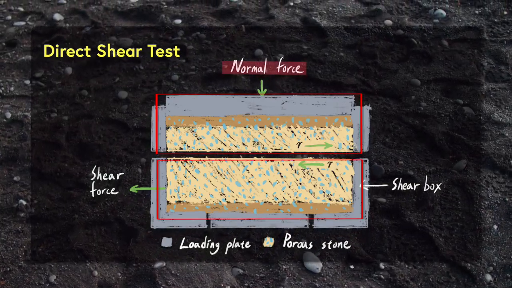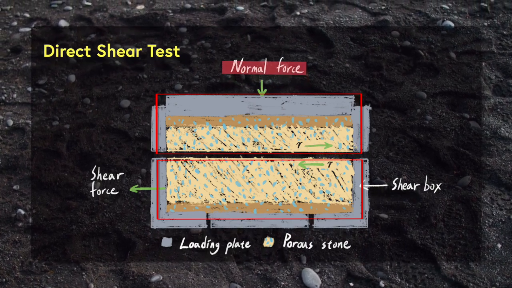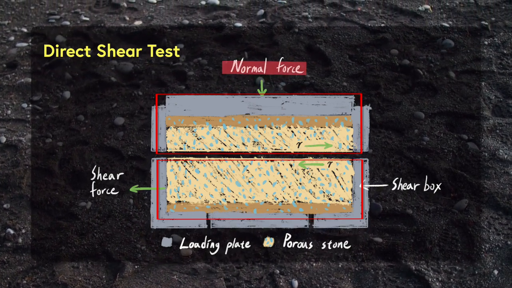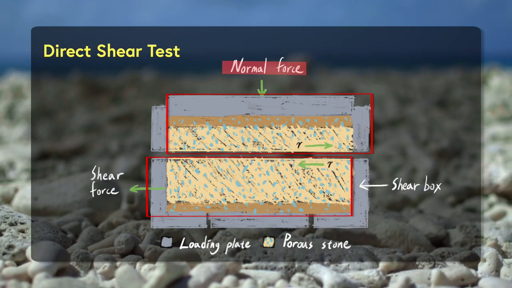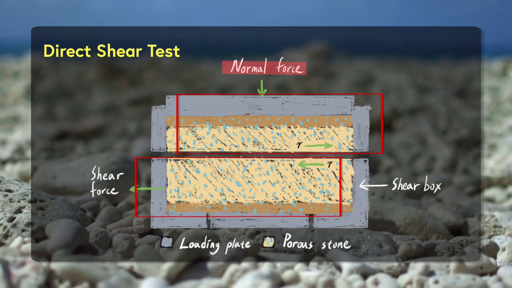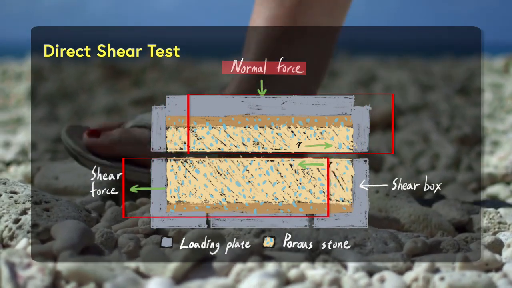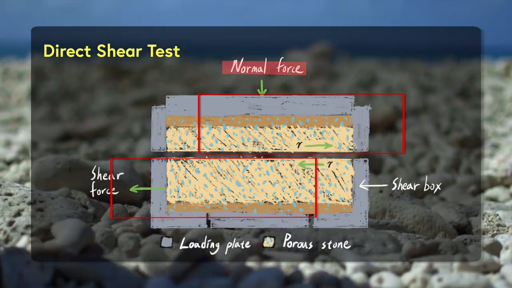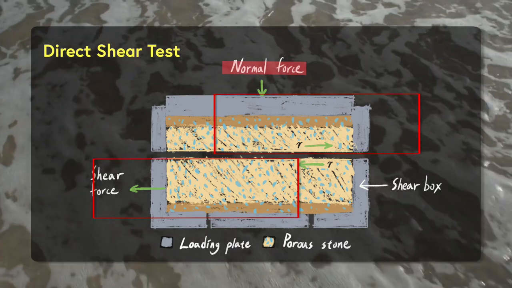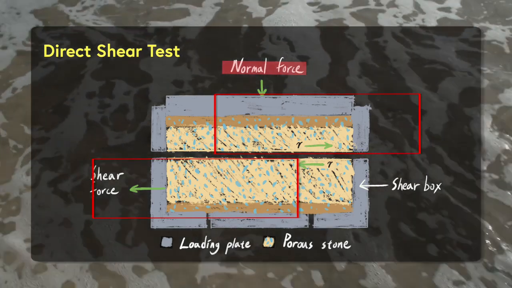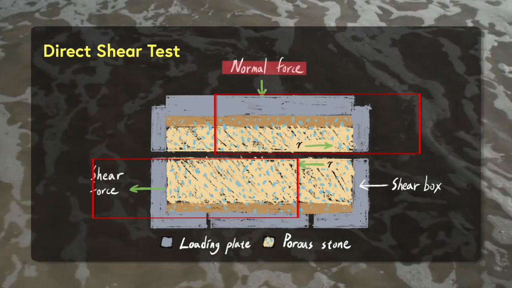We would apply a normal stress on the top of the shear box, and then to perform the test, we will basically move one half of the box relative to the other one, and then we will track the shear displacement and also the shear stress of the soil inside the shear box. The typical results for a direct shear test would be a plot of shear stress versus effective normal stress.